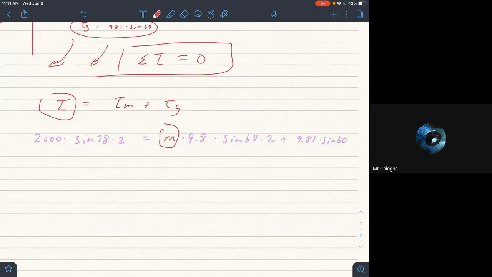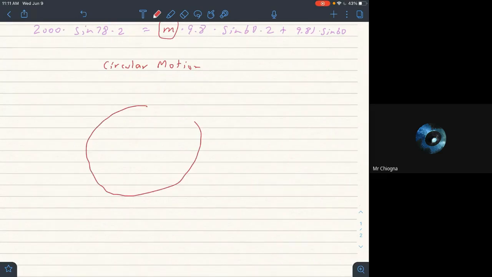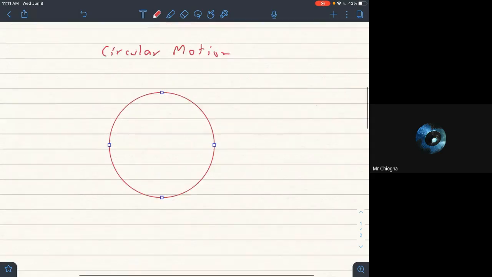Okay, so now we're going on to circular motion. Okay, so I'm going to draw a picture. I want you to find, here's one of my magic circles. Okay, there's my magic circle.